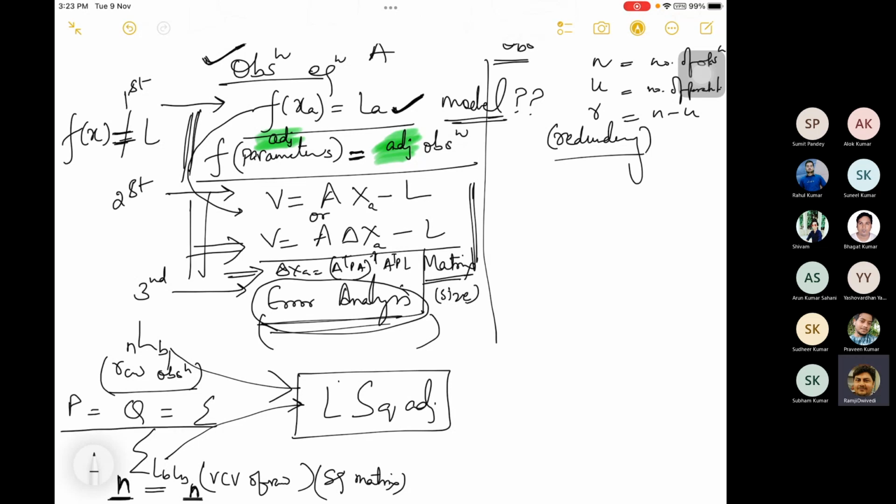We all need to know that, and we have explained it in error propagation: P is the inverse of Q, sigma inverse, 1 by sigma naught square. This whole relationship you need to understand, because it is very crucial to take you from this step towards this.